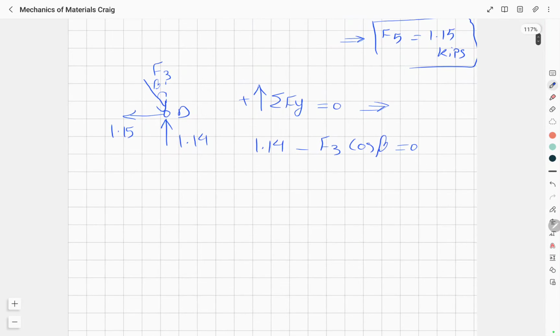So you'll have 1.14 minus F3 multiplied by this value is equal to 0. So F3 is almost equal to 2 multiplied by 1.14 over square root of 2, which is almost equal to 1.61 kips.